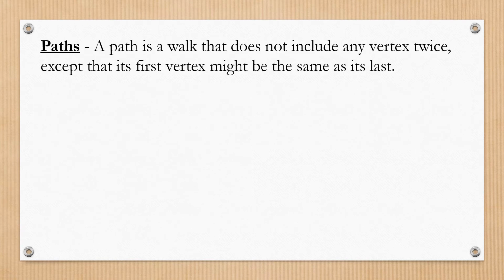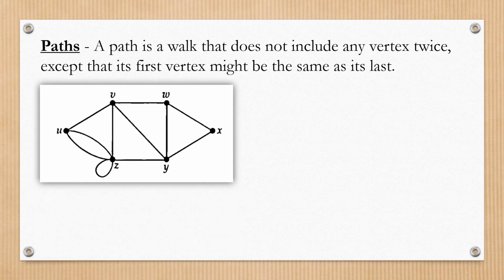A path is a walk that does not include any vertex twice, except that its first vertex might be the same as its last. Okay, so a while ago, in a walk, we were able to use the vertex more than once.